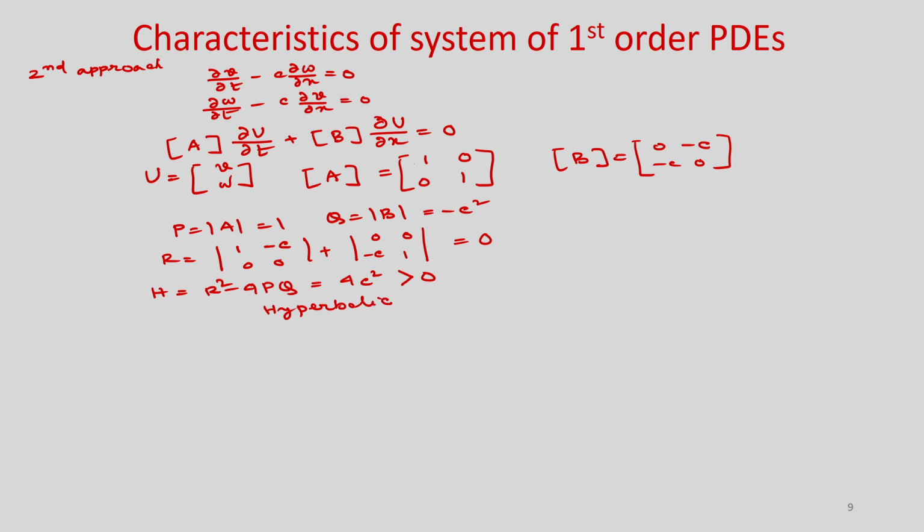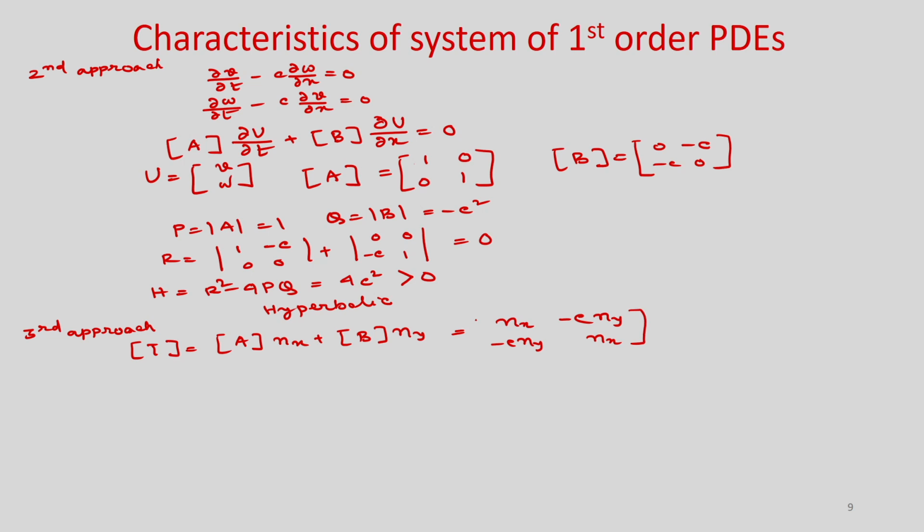Okay. Now, let us use the characteristic normal method. So, that is your third approach. You find the T. So, T is A n_x plus B n_y. If you add A and B, you will get n_x, minus c n_y, minus c n_y, n_x.